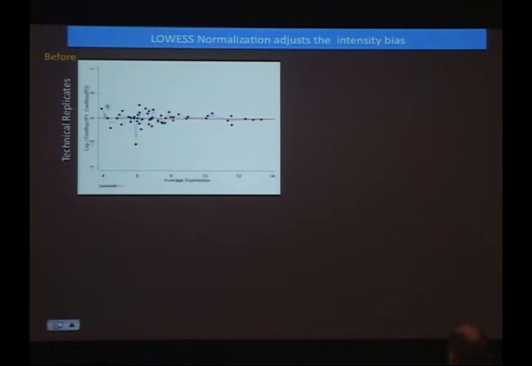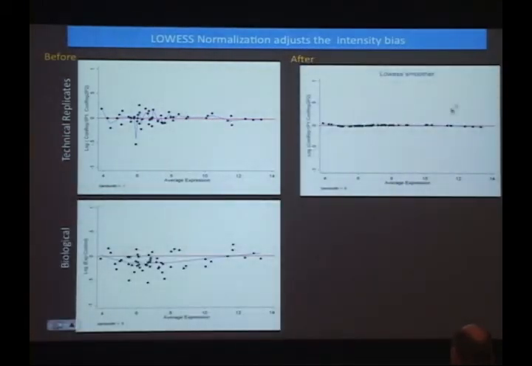If you see here at the lower end, this is the expression value, the MFI values, and these are technical replicates. When they are technical replicates, the difference should lie around 0, right? But it doesn't; you see a lot of variation here. When you normalize it, the variation goes away.